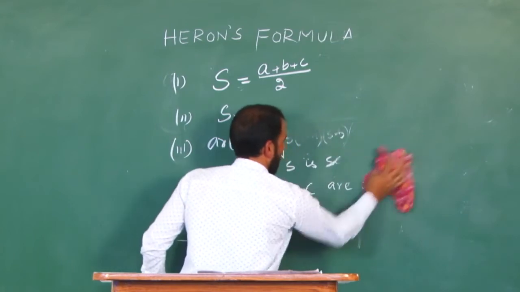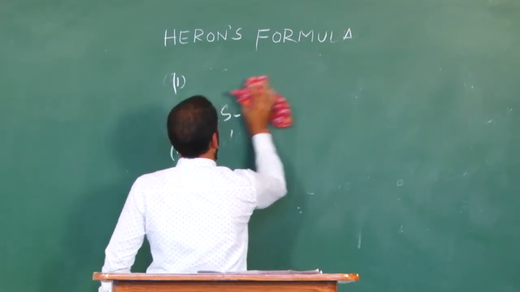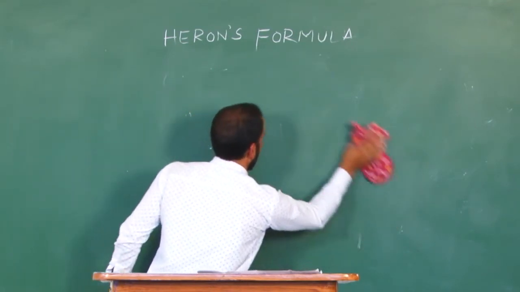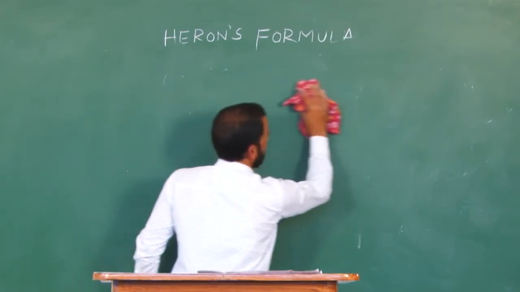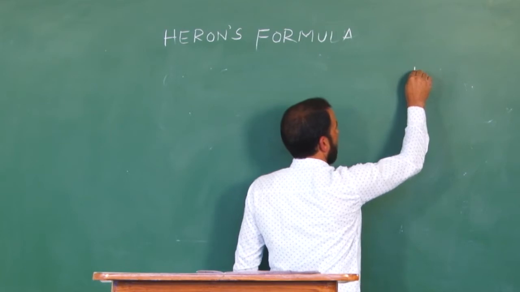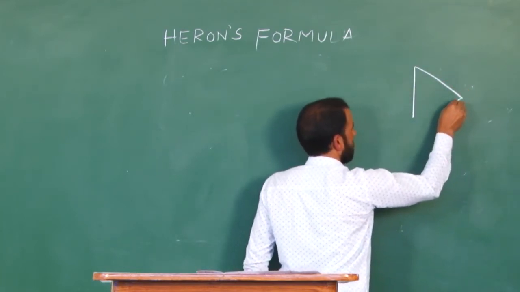Again, I repeat the question: a traffic signal board indicating school ahead is an equilateral triangle with side a centimeter. Let us draw this equilateral triangle, with all sides equal.